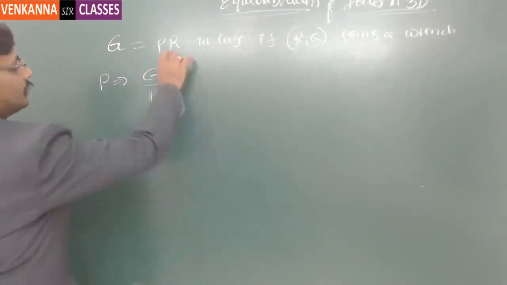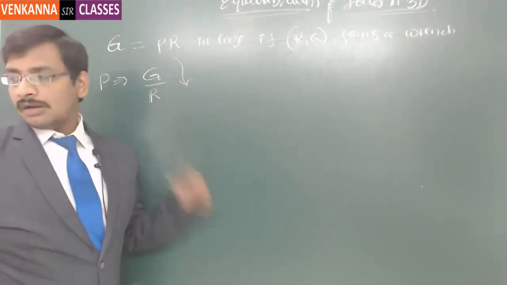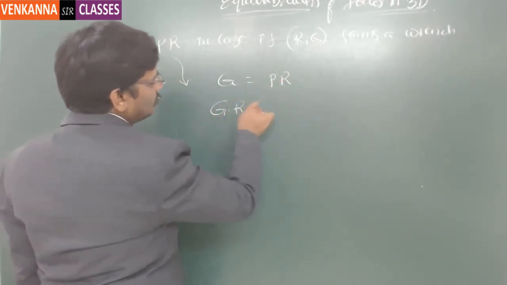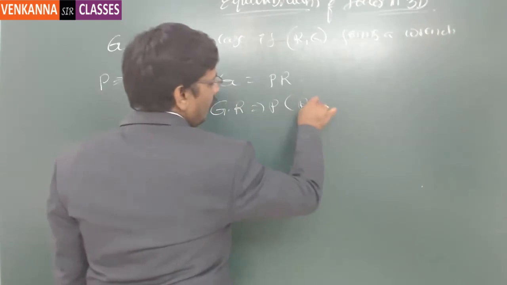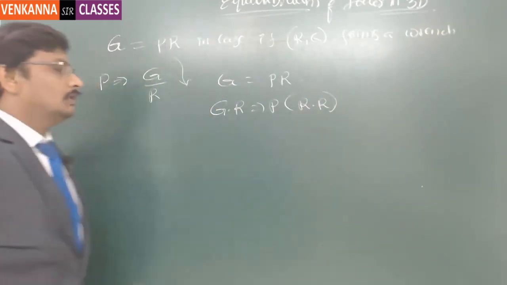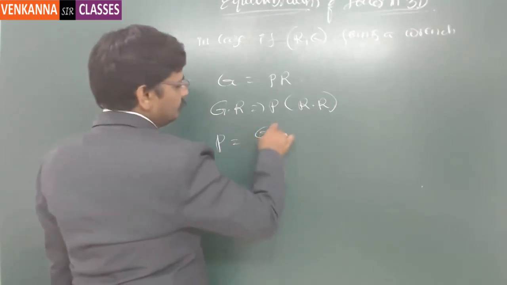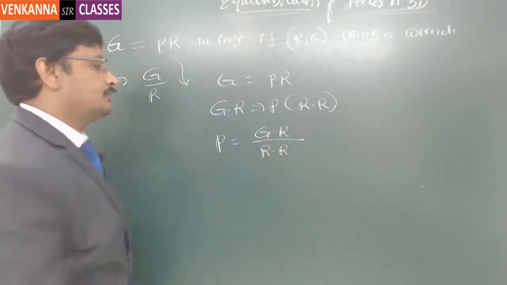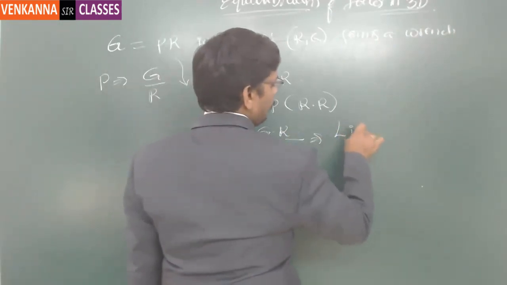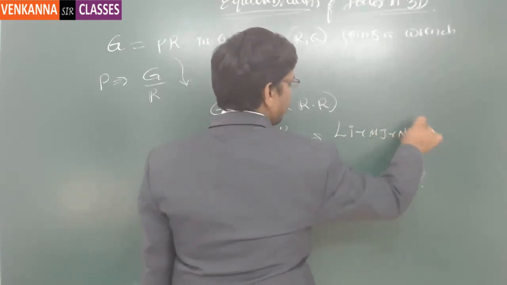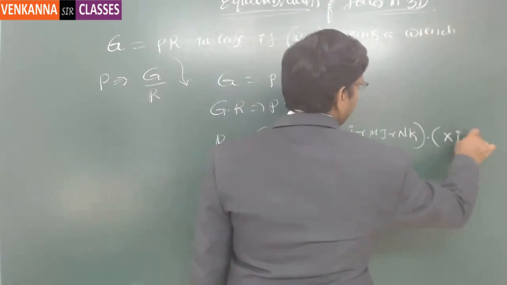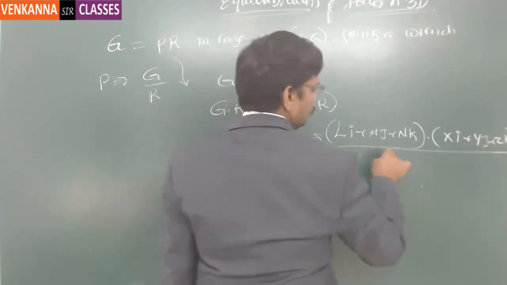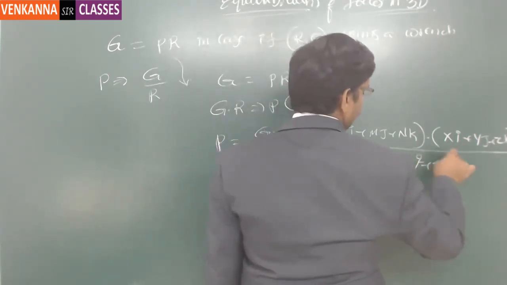Now, from this relation, if you take a dot product with R on either side, G is equal to PR, so G dot R is equal to P, which is a scalar, times R dot R. Then P can be expressed as G dot R divided by R dot R. G dot R is Li plus Mj plus Nk dotted with Xi plus Yj plus Zk, and R dot R is X square plus Y square plus Z square.